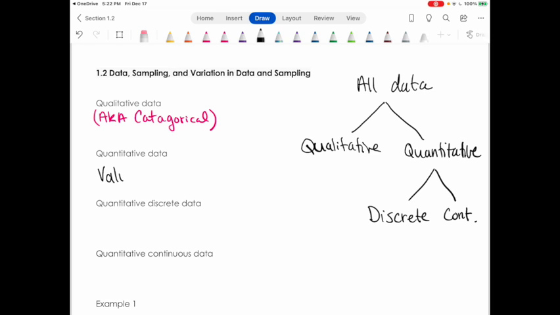So I'll put that under here. Values that are measured or counted. And qualitative data, as we already talked about, is data that you would put in categories.